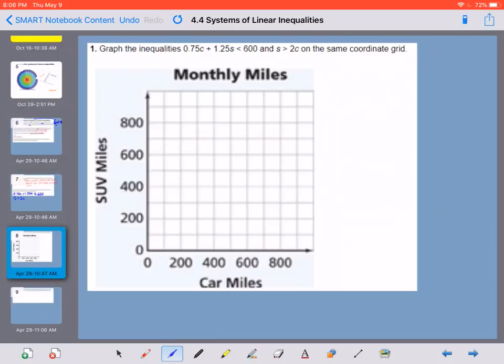Now it wants us to graph these. So first I'm going to graph this inequality. Now we graphed this before, so we found our two maximum points. How we did that was we took 600 divided by 0.75. So when we do that, we're going to find our car miles. The car miles were 800.